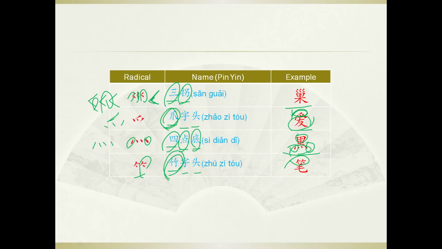Let's write this radical. Short left diagonal dot. From the middle, short horizontal. From about the same spot, right dot.